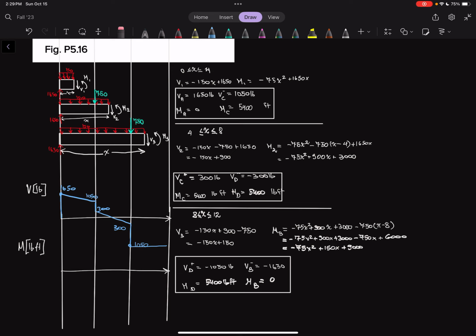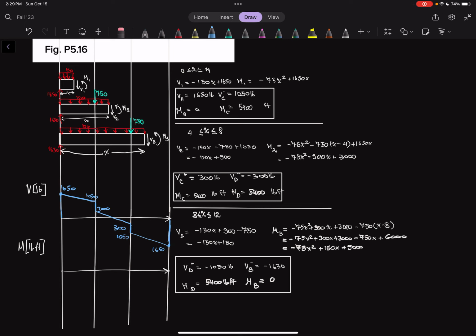Nope, it's not going to be straight. So 1050 is much closer. I drew it much closer to the X, so kind of like this, 1050, and then it goes down to 1650, and then it goes to 0 right there.